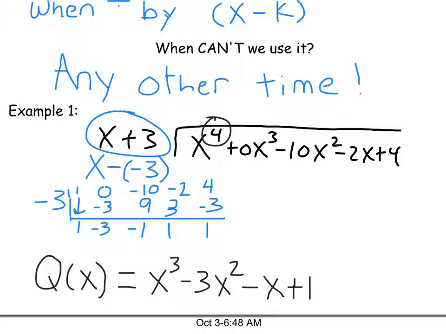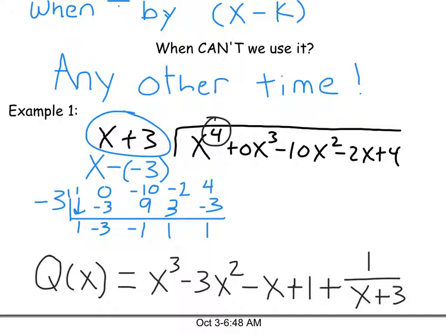And what's going on at the end? Oh yeah, that's our remainder. That's actually in the next two examples. That's a number we want to talk about more because it's pretty significant. And just like before, that remainder goes over our divisor, which in this case was x plus 3. And there you have it.